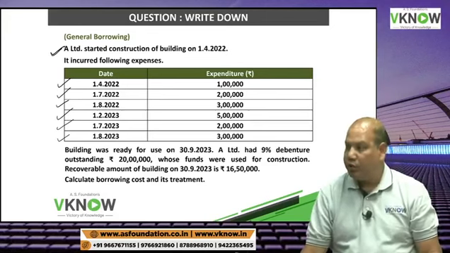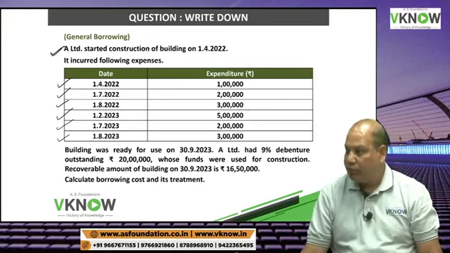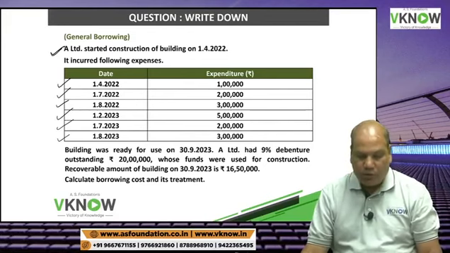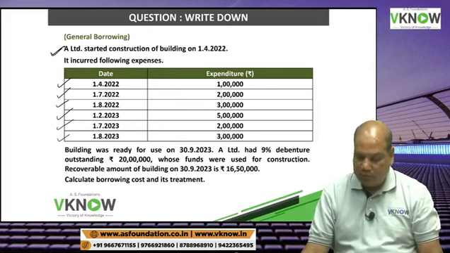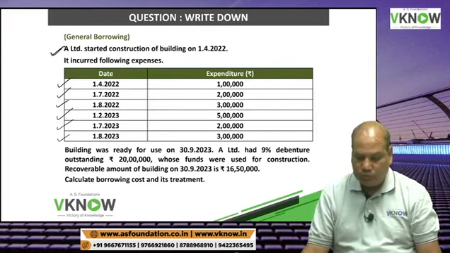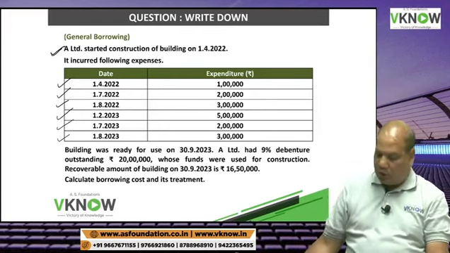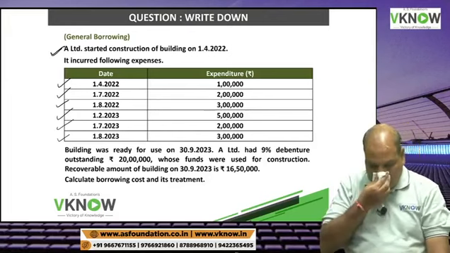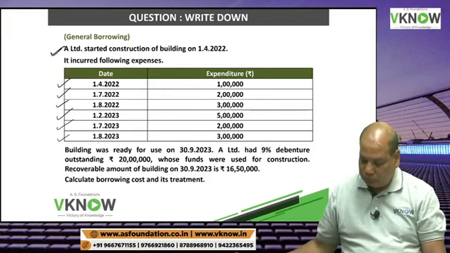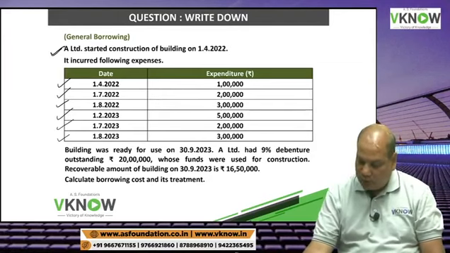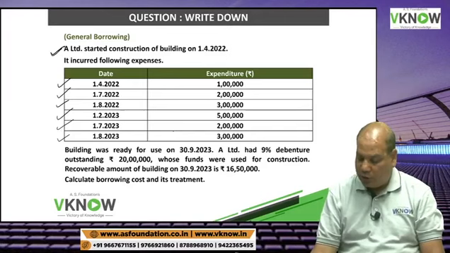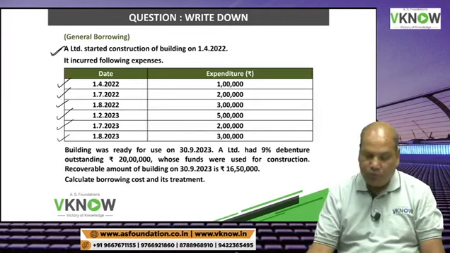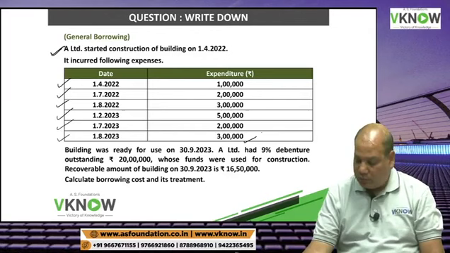Date 1/4/2022, write down fast. 1/4/2022, 1 lakh. 1/7/2022, 2 lakh. 1/8/2022, 3 lakh. 1/2/2023, 5 lakh. 1/7/2023, 2 lakh. 1/8/2023, 3 lakh.